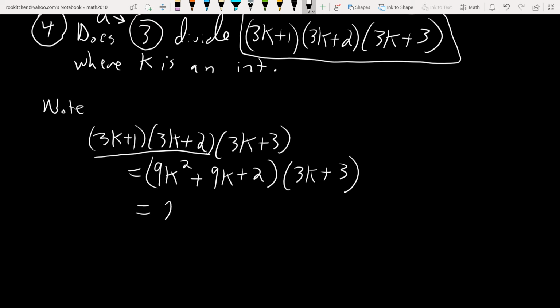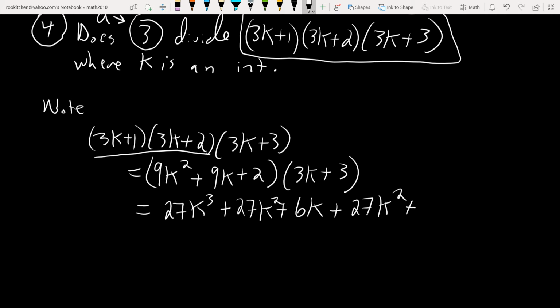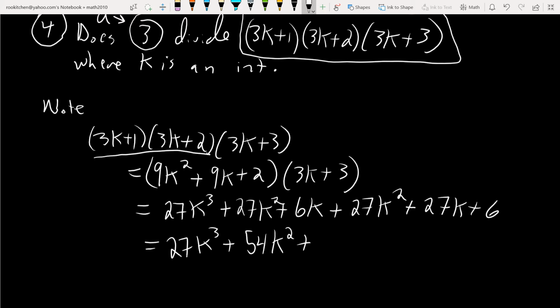3 times 9 is 27k cubed. And then I have 27k squared plus 27k plus 6, and then we combine like terms: 27k cubed plus 54k squared plus 33k plus 6.